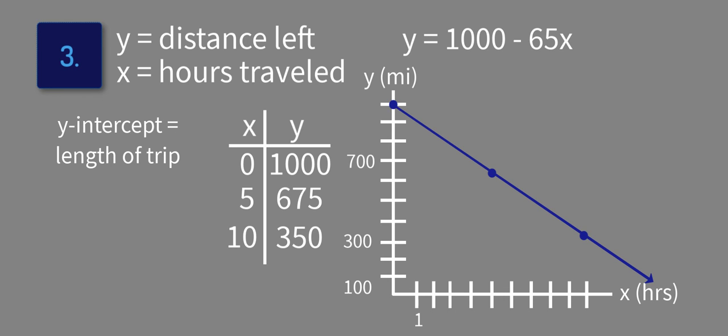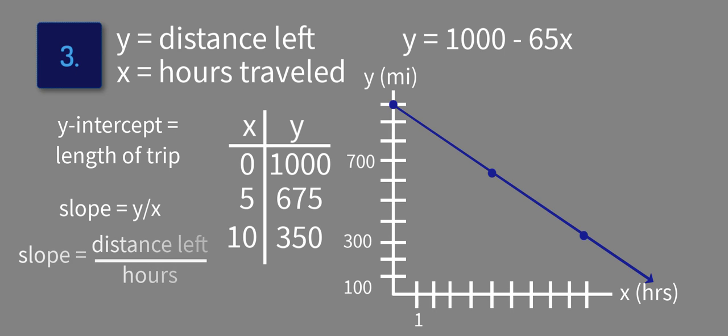And if y is distance left and x is the hours traveled, then the slope is a little tricky, but we know it's just y over x, which is going to be distance left over hours traveled. So it's the rate at which the distance is decreasing based on the hours that have been traveled by Tommy.